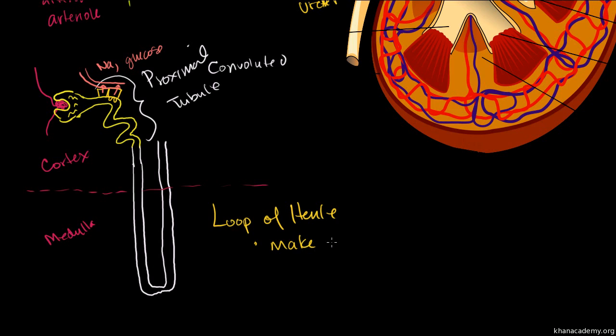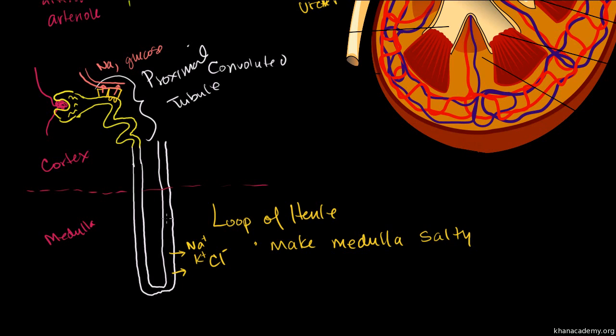Make the medulla, the renal medulla, salty. And it does this by actively pumping out salts. So it actively pumps out salts, and it does that in the ascending part of the loop of Henle. So this is the ascending part. So it actively pumps out salts, sodium, potassium, chloride, or chlorine, I should say, chlorine ions.